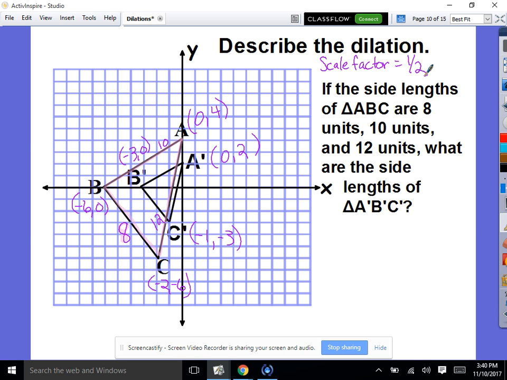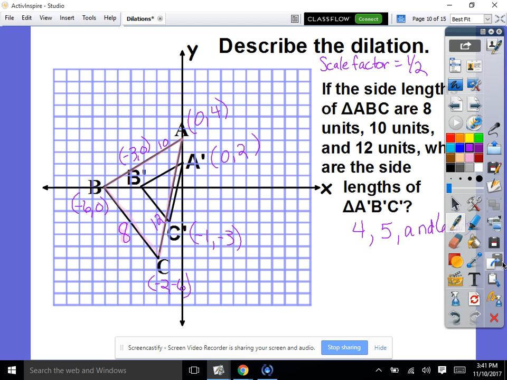So the lengths of triangle ABC, half of 8 would be 4, half of 10 would be 5, and half of 12 would be 6. So that would be the side lengths of triangle A prime, B prime, C prime, just by using the scale factor.